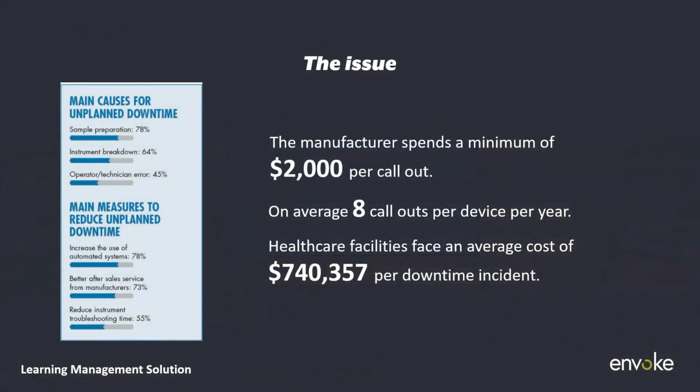So they did a survey on the main causes for unplanned downtime. The sample preparation, this is something that Envoke can solve, because sample preparation is an ongoing training process. Sample prep gets frozen in time, but then it gets updated, so it's never frozen in time, but it's sold as something that's frozen in time.